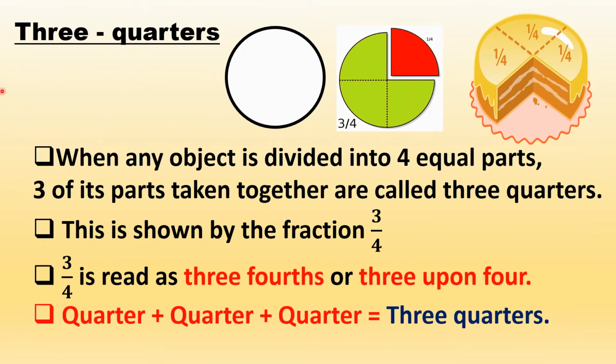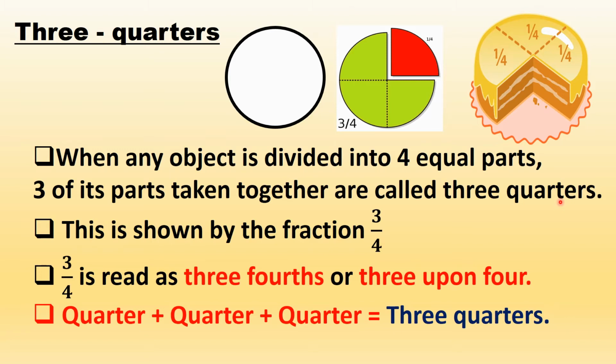3 quarters. In the figure, when any object is divided into 4 equal parts, 3 of its parts taken together are called 3 quarters. For example, if 3 children bought a cake and asked their grandfather to divide it equally among the 4 of them, including himself, grandfather divides the cake into 4 equal pieces.